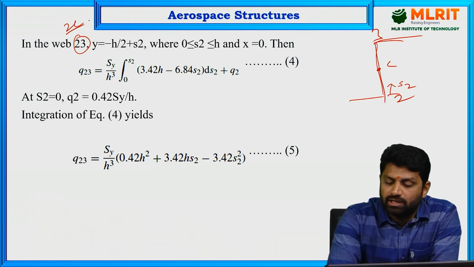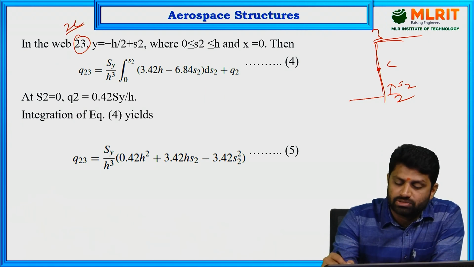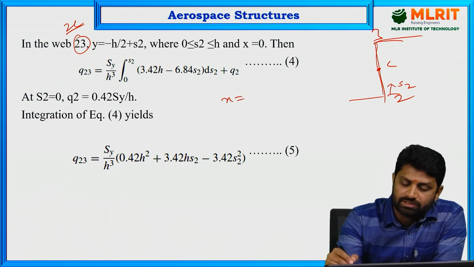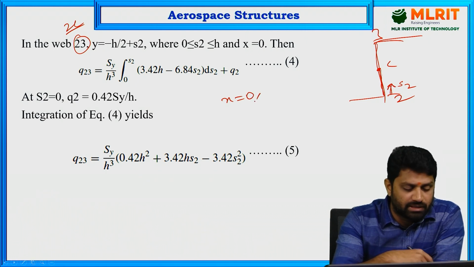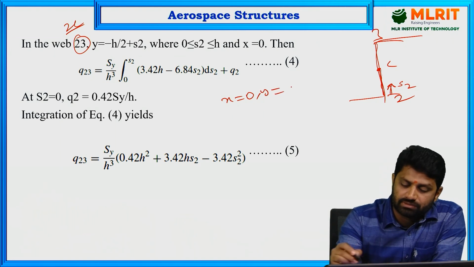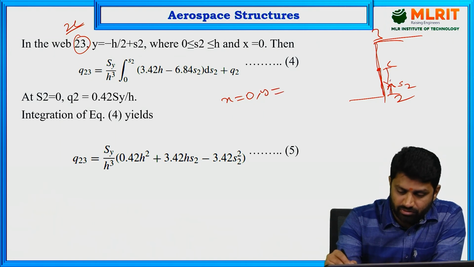You can consider S2 as the distribution and its x distance. So the x distance from here to here: because you are calculating on the vertical panel length there is no x distance, so straight away you can consider x equal to 0 here. Its y distance from here to here you have to measure.